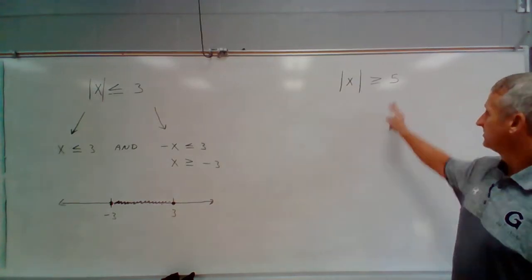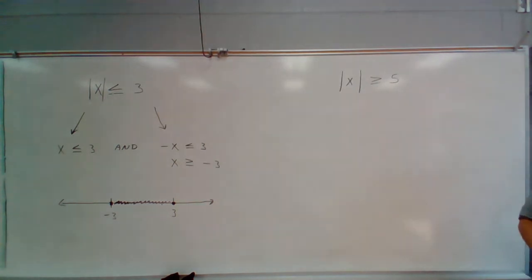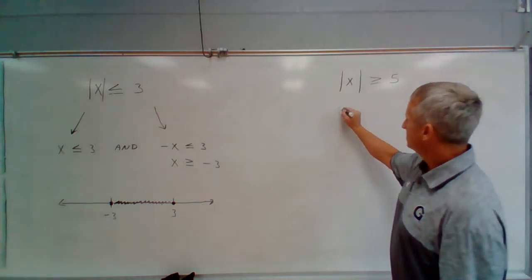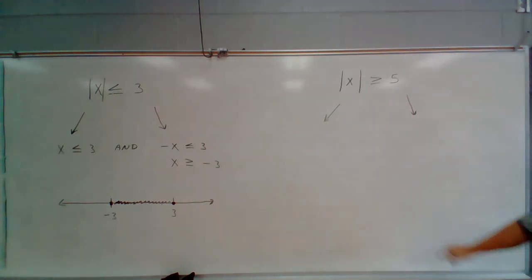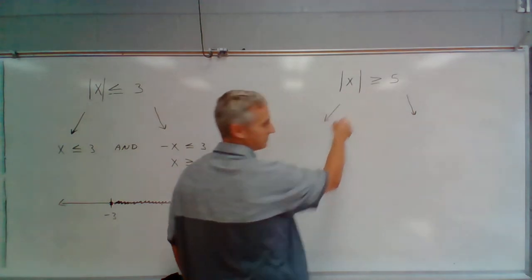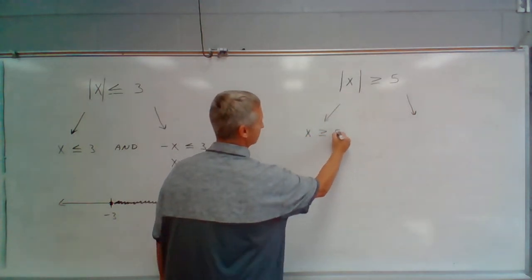All right, so let's see if we can solve this inequality. Absolute value of x is greater than or equal to 5. Okay, so again, two possibilities. Possibility number 1 is that the x is positive, so the absolute value of x would just be x. x is greater than or equal to 5.